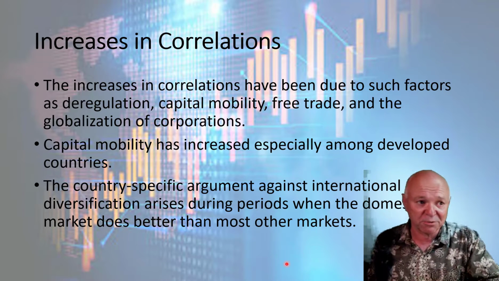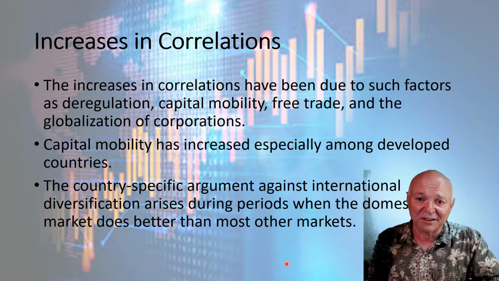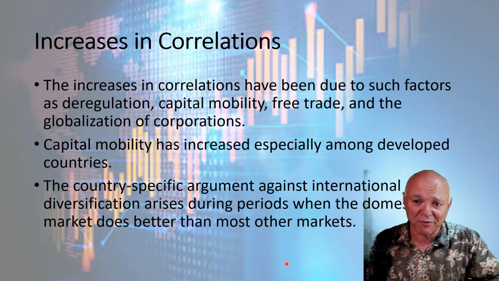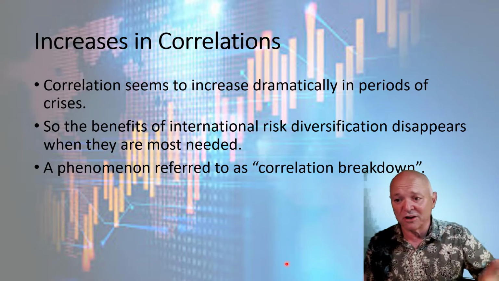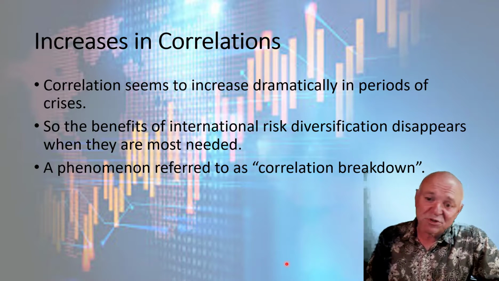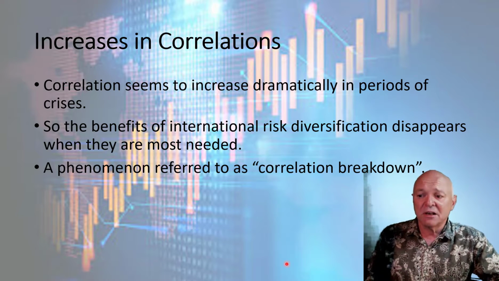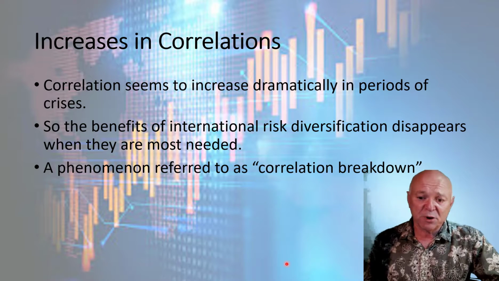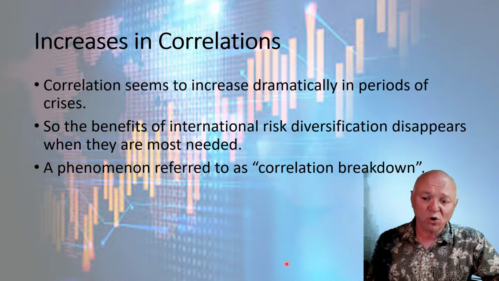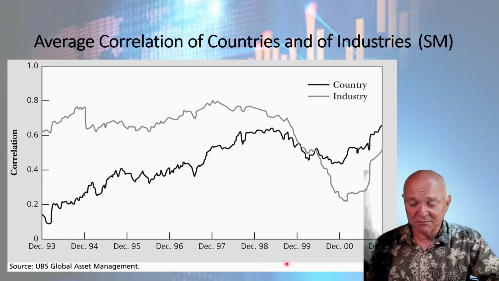And of course the answer to this partly is going to be that we have that correlation coefficient that provides us with some benefit. If it's gone, there's no benefit. We'd say that correlation seems to increase dramatically during times of crisis, as we saw, and the benefits disappear when they're most needed. There's a correlation breakdown. Here's an example that we see heading into the dot-com bubble.